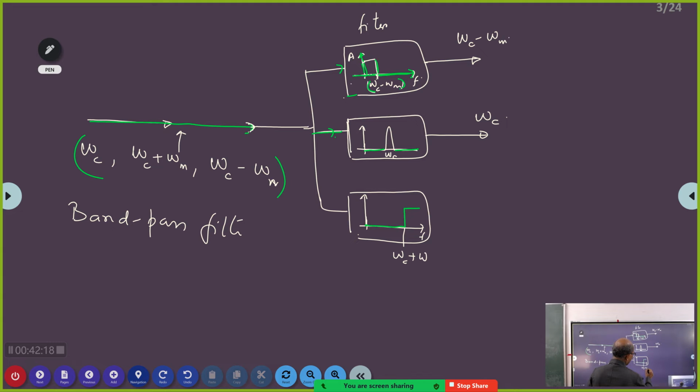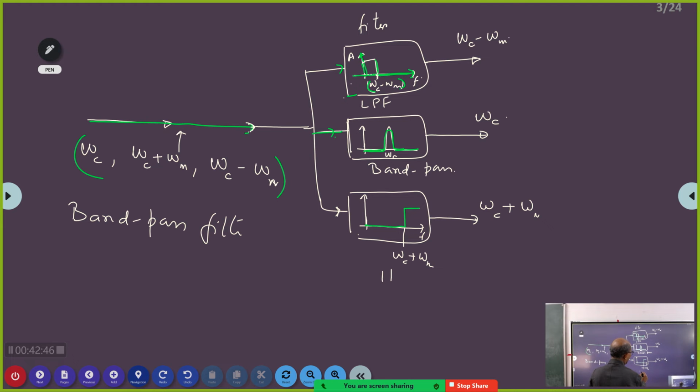Omega c plus omega m. And what will I get at the output here? The signal having omega c plus omega m. Got it? Now this is called LPF, low pass filter, right? And of course, if I should show it like this, then this is called band pass filter. Why band pass? It is allowing a band of frequencies, right?